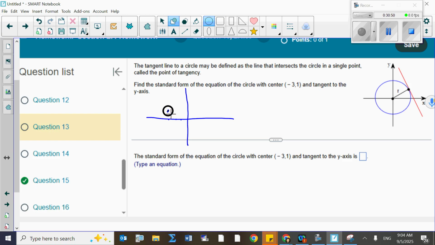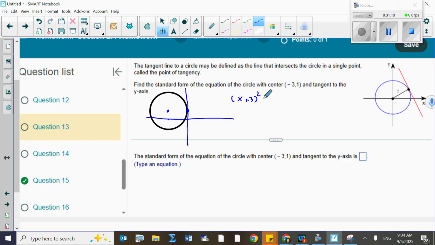That means it's something like this. The y-axis is touching the circle at one point here. Okay, now I want to write the equation. For sure, I know the center, so it's x minus negative 3. That's going to make it plus 3. And then y minus 1.